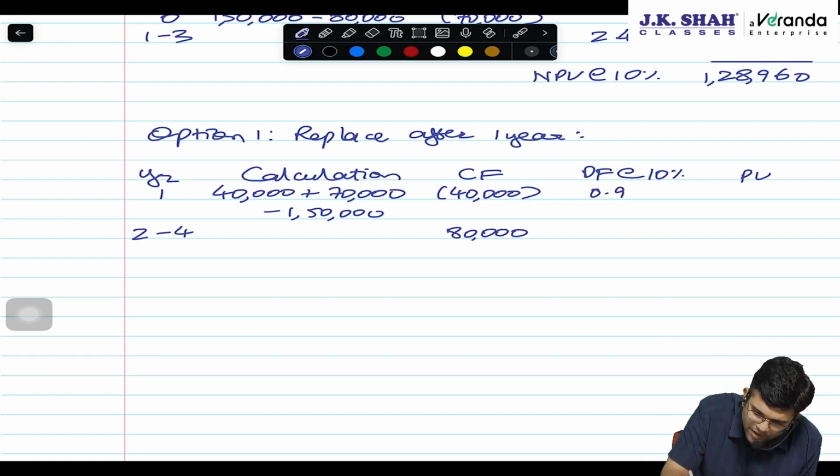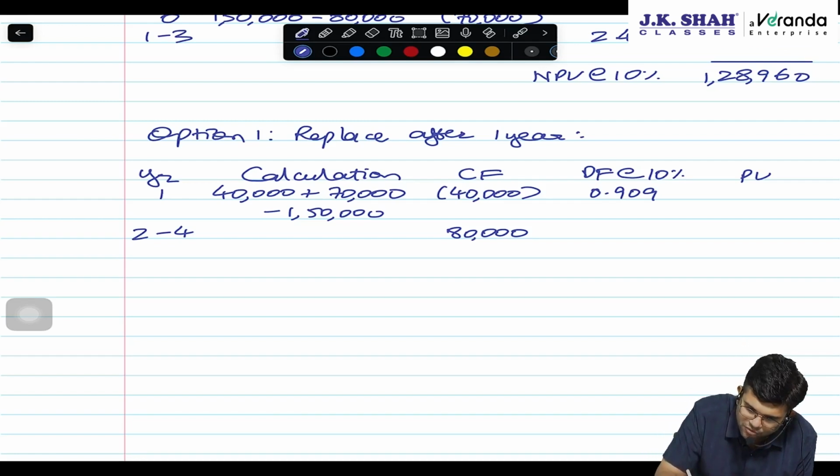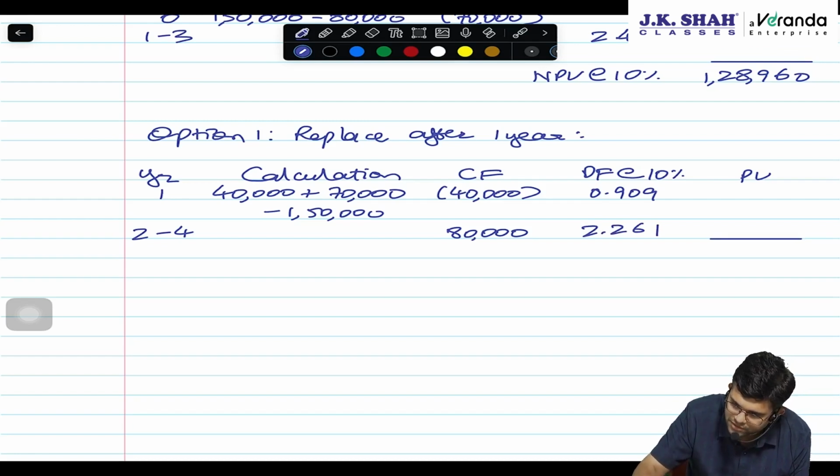This will be 0.909. And do you know how to do this without GT now? 1 divided by 1.1 equal to, equal to M plus, equal to M plus, equal to M plus MRC. Are you all getting 2.261? So this is 40,000 into 0.909 M minus 80,000 into 2.261 M plus MRC.